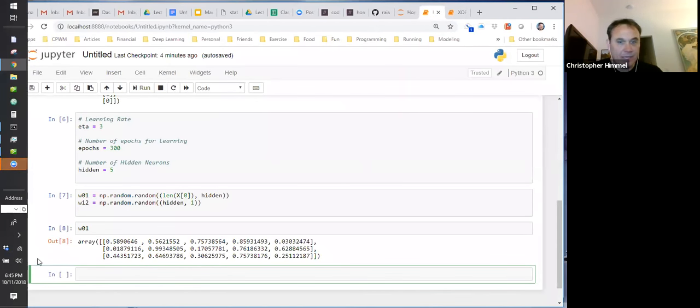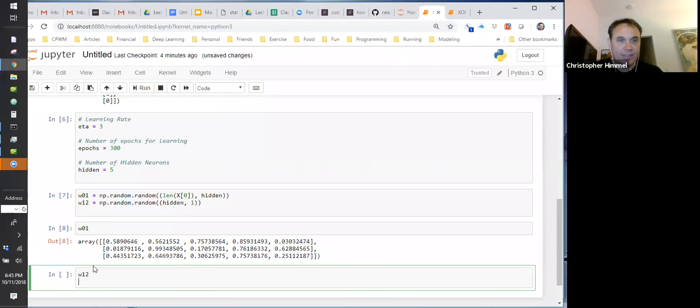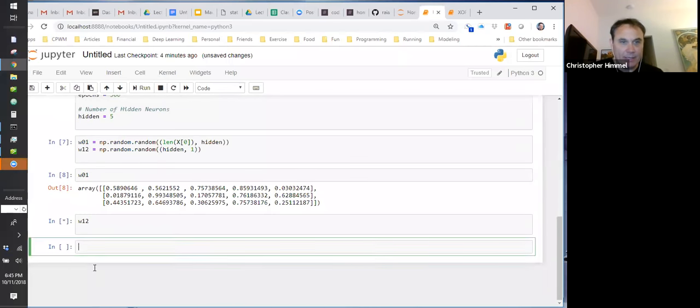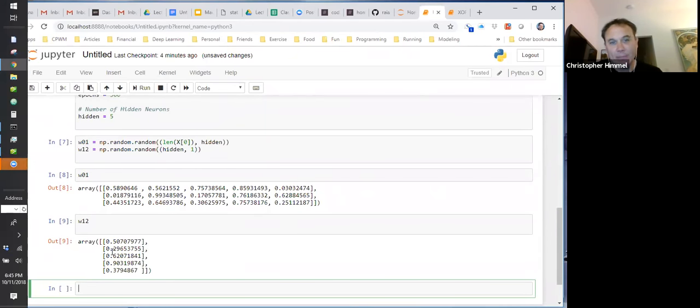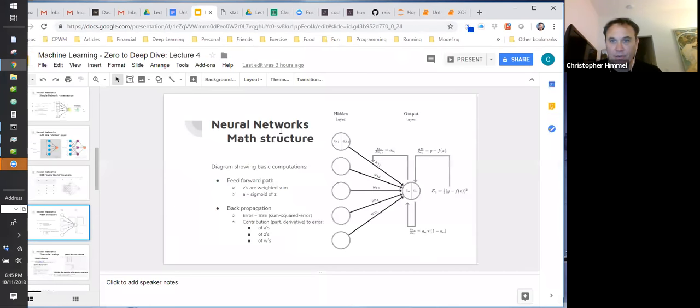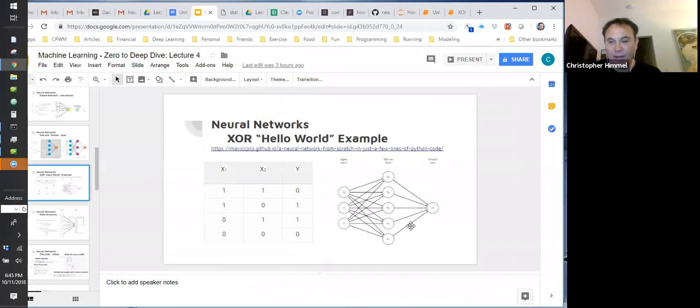Now let's look at W12, which is the weights in between the hidden layer and the output layer. Here we've got 5 weights. There are 5 neurons in the hidden layer, 1 output, so just 5.